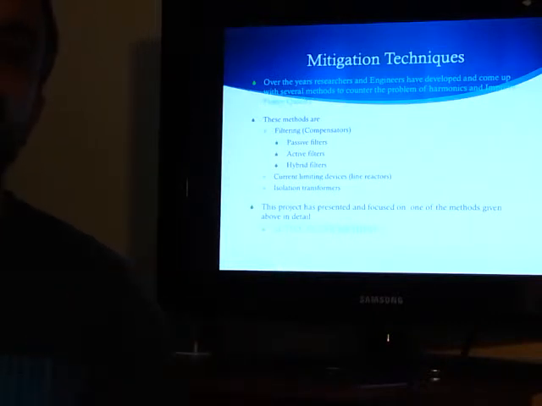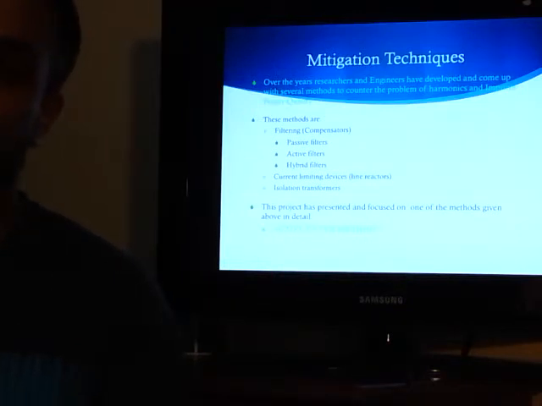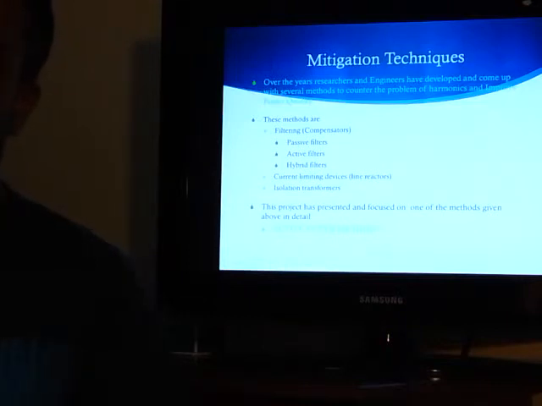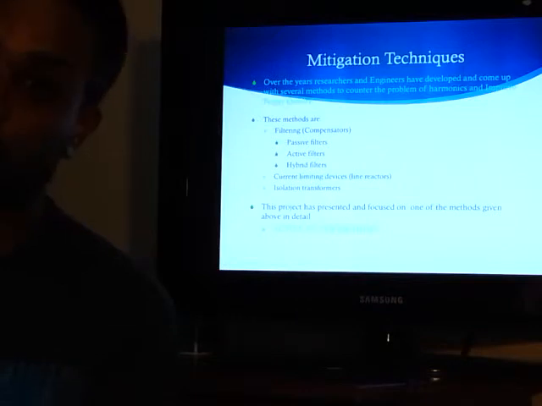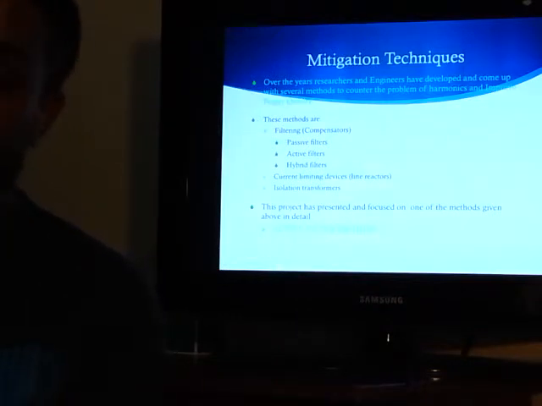However, for this project, the major focus is on using the active filter. So we'll be studying more about the active filter, how it's implemented and how it generates compensating current to mitigate harmonics. That's the focus of this presentation and the thesis.